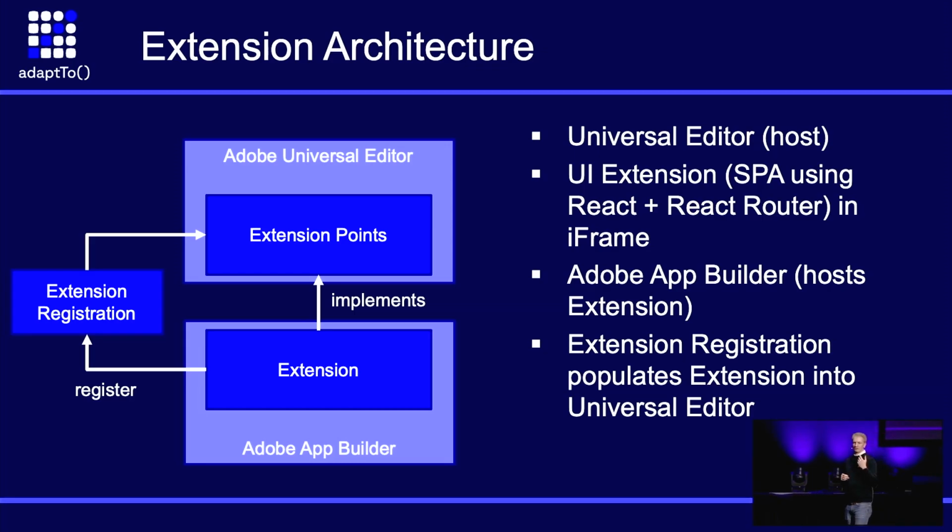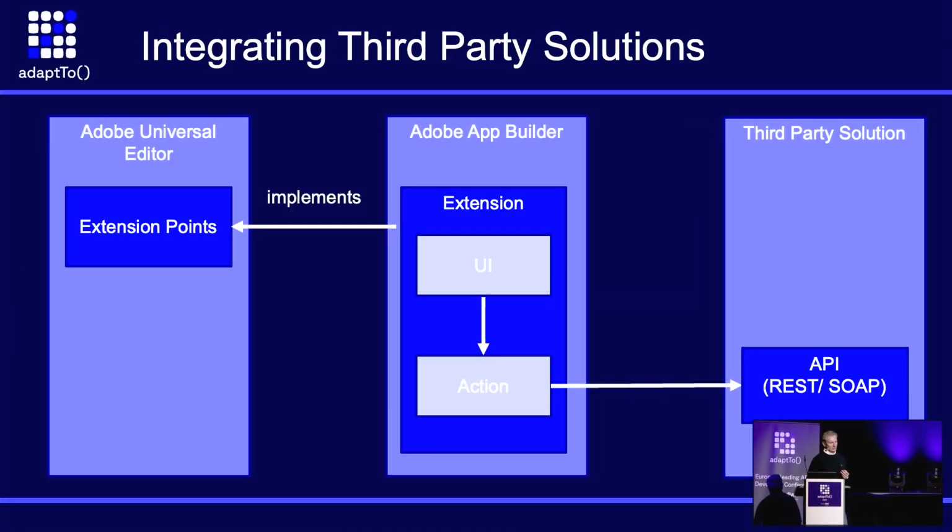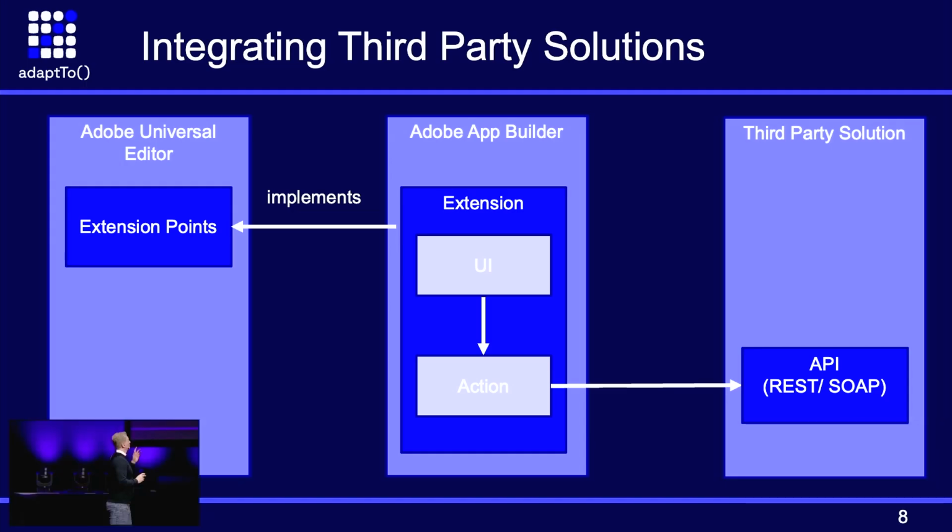When you load your application, you call the extension registration to register your application or extension, to give them a hint that they should load it. Yeah, that's the base architecture of how you integrate an extension into Universal Editor.